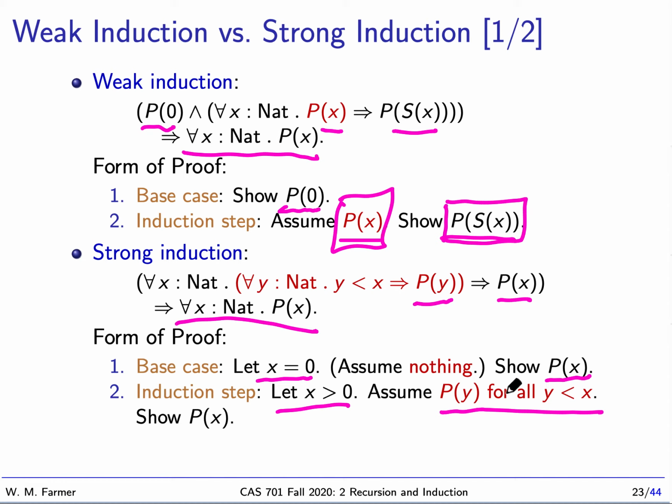But here, it's different. We're trying to show p of x, and with the weak approach all we can assume is p of x minus 1. But here we can actually assume p of y for all y less than x. So this is definitely a stronger induction hypothesis.